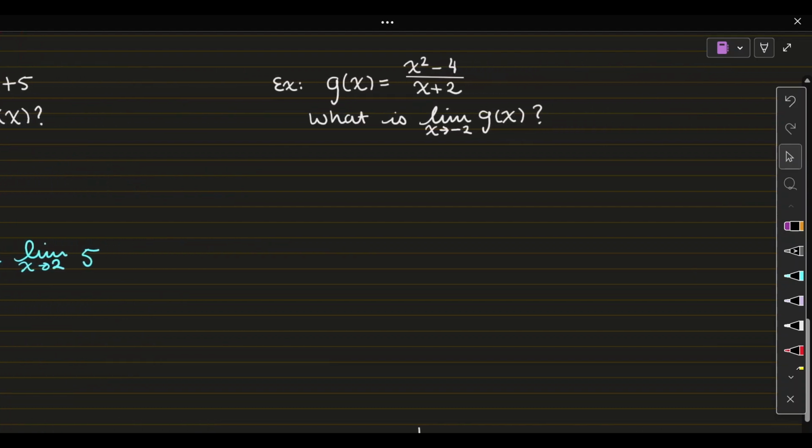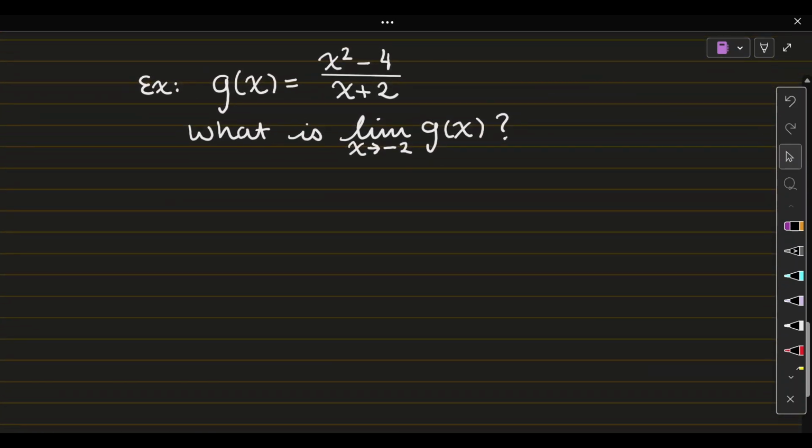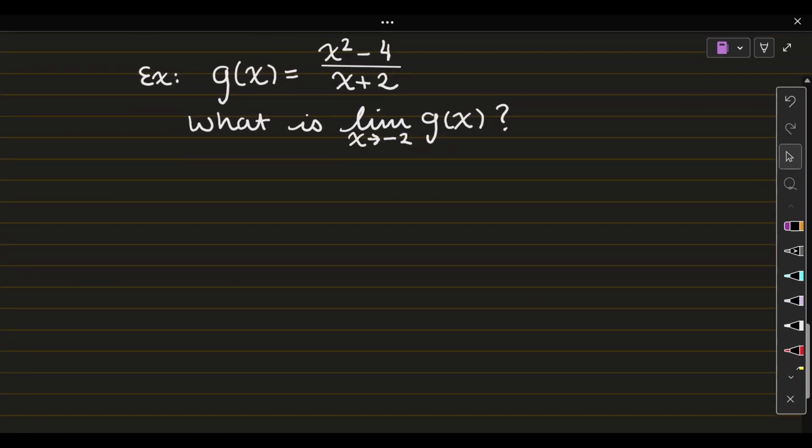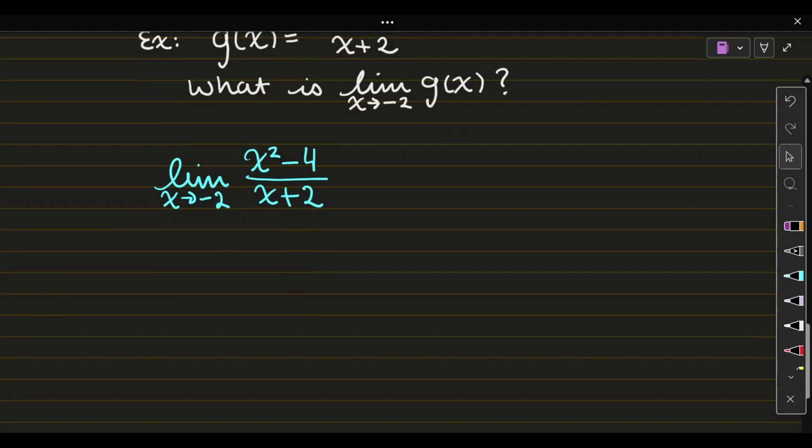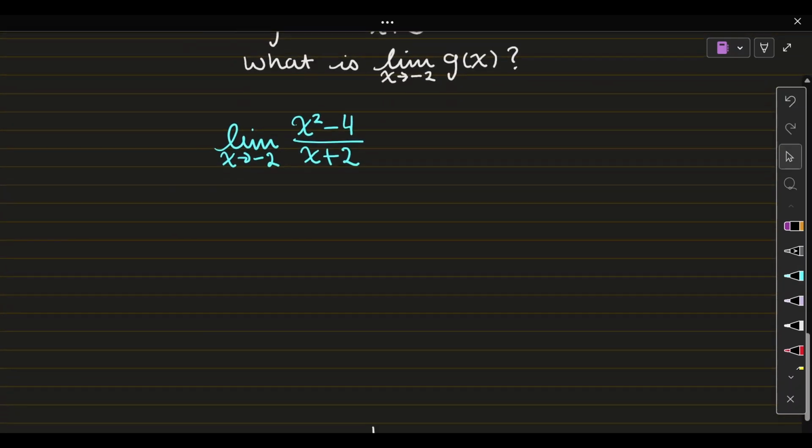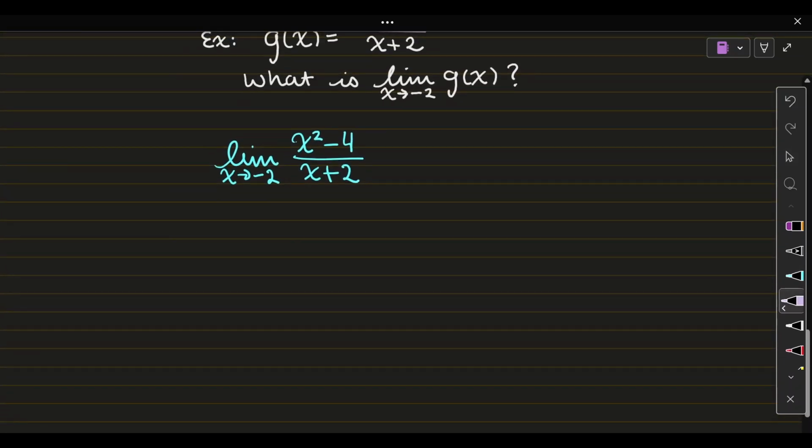Okay, next let's look at the limit as x goes to negative 2 of g of x. So this is going to be the limit as x goes to minus 2 of x squared minus 4 over x plus 2. And now our first thought may be, just like the first one, to just start plugging in values. And you'll see that there's a problem with doing that.